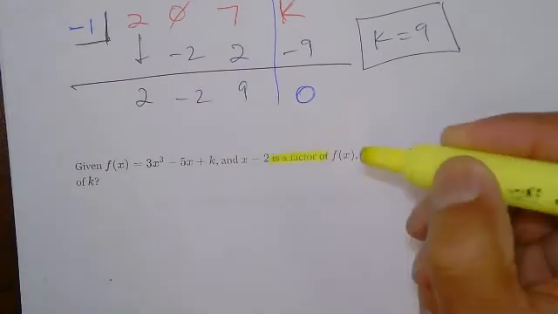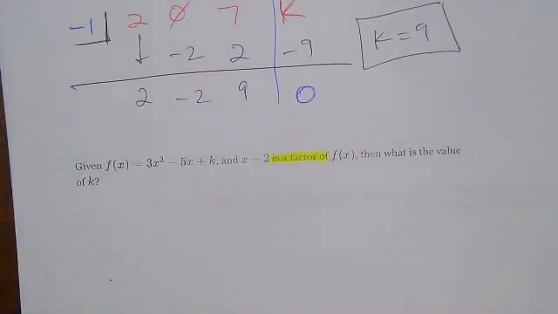Okay, go ahead and do the last one quickly by yourself. Watch out for missing terms again. And again, this one says it is a factor. Well, that indirectly tells you that the remainder is what? 0. All right, go ahead and work that one out.